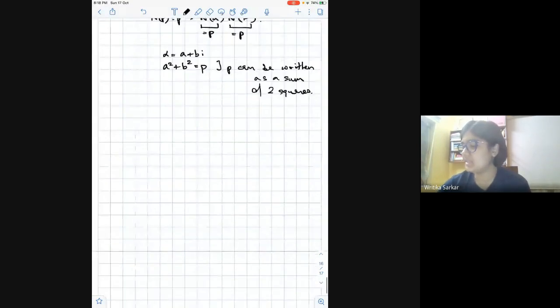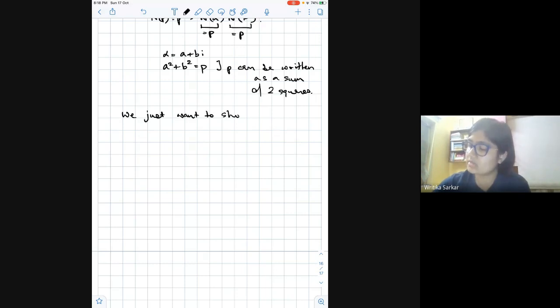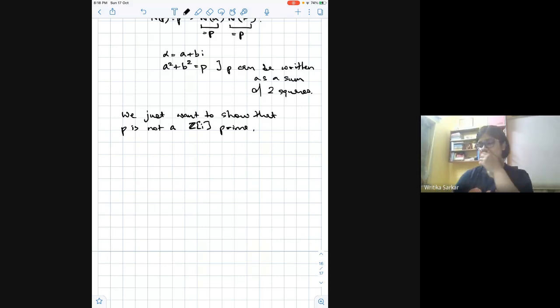Yeah, I hope this much is clear. So this is all we want to show. We just want to show that p is not a Gaussian prime. All right.